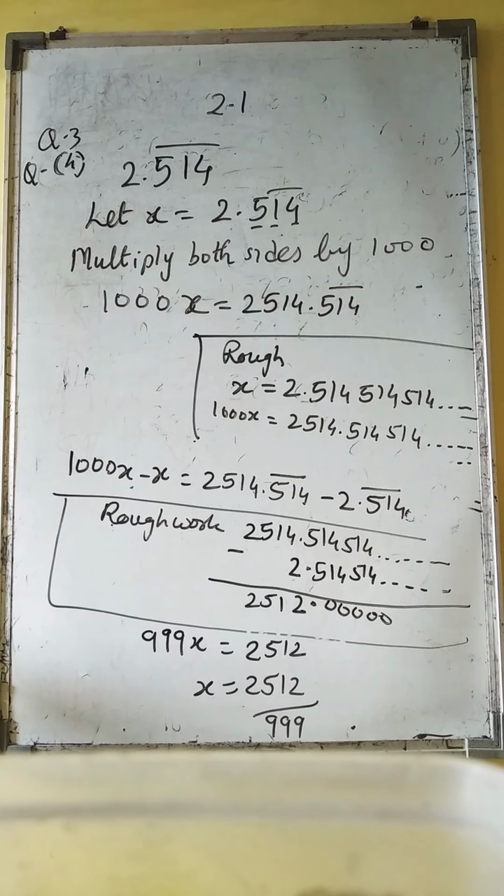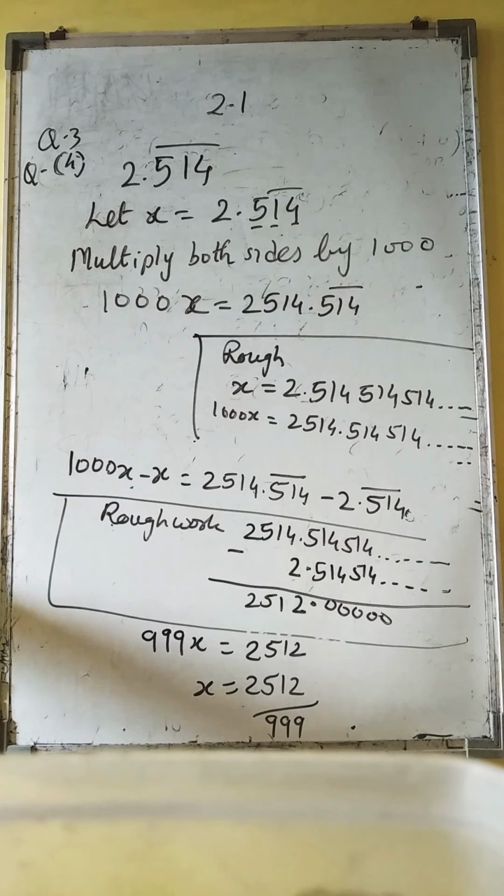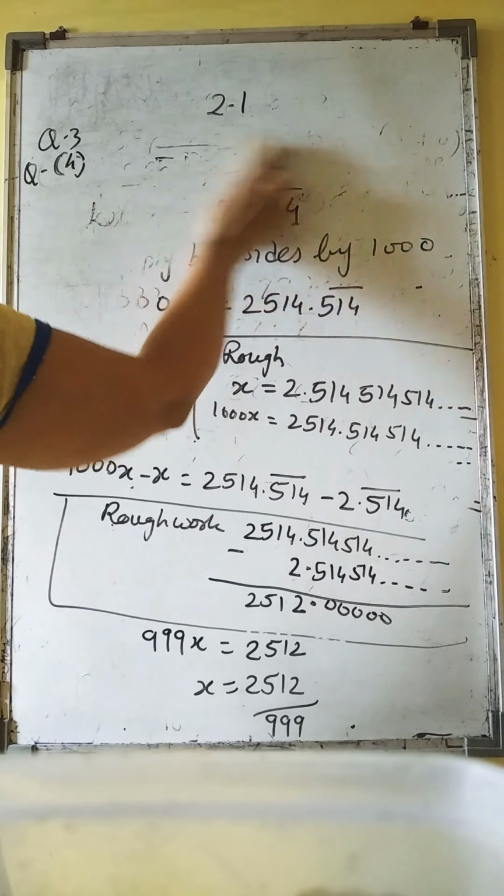is also associated with one point on the number line. Both the ways it is true. I'll prove it now mathematically why root 2 is irrational number. So that's the important thing, children.